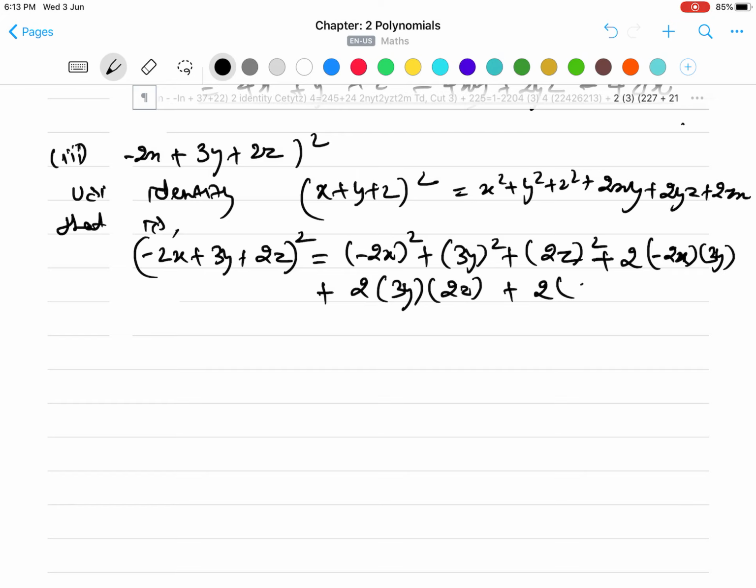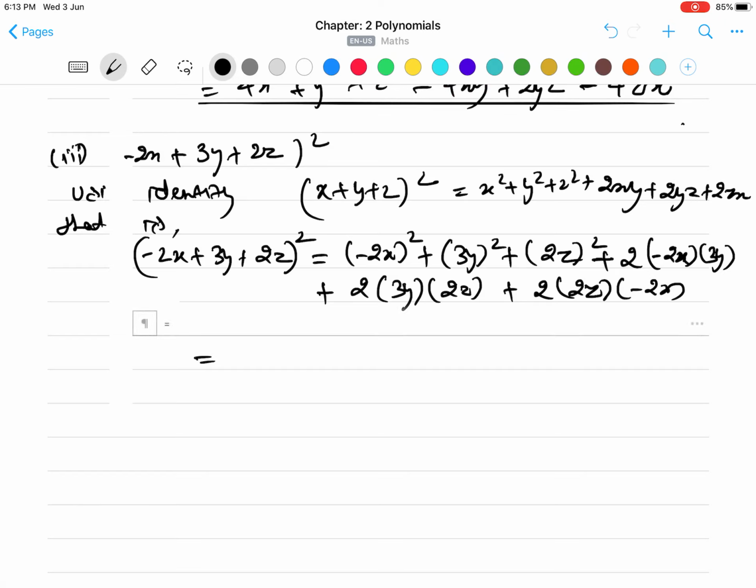Then we have 2zx, that is twice of z, which is 2z, and x, which is -2x. So now we'll solve this.